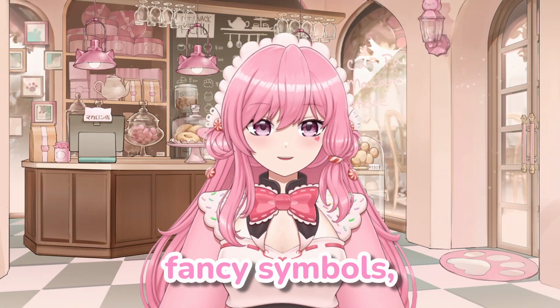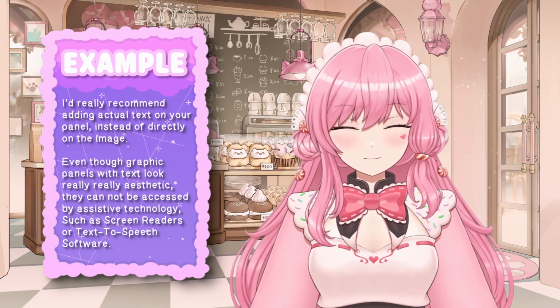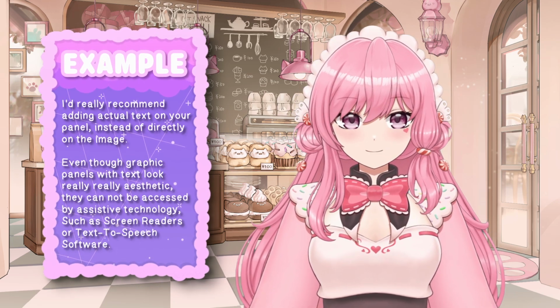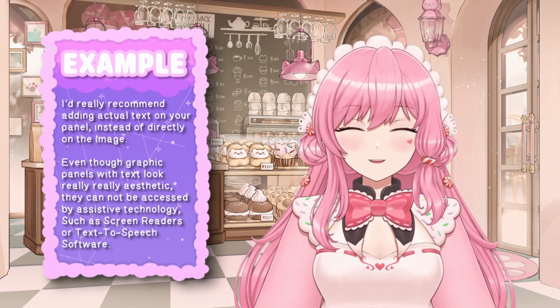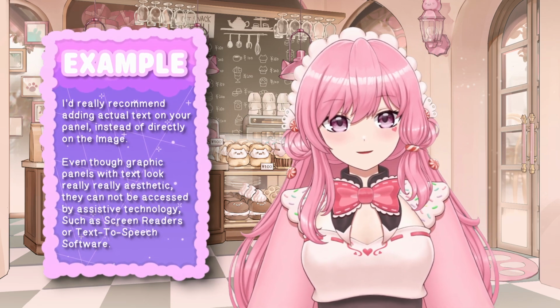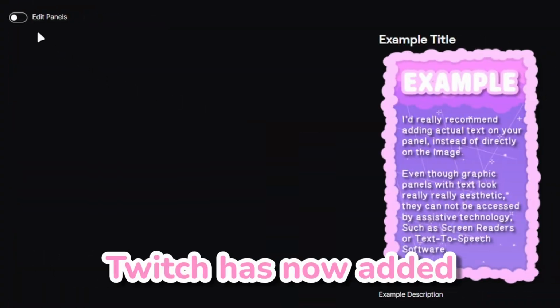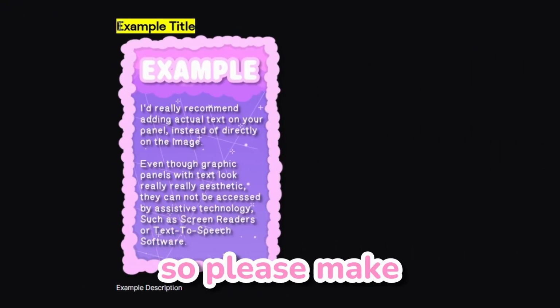Please avoid fancy symbols, and I really recommend adding actual text on your panel instead of directly on the image. Even though graphic panels with text look really aesthetic, they cannot be accessed by assistive technology such as screen readers or text-to-speech software. Twitch has now added a field to add alt text as well, so please make use of it.